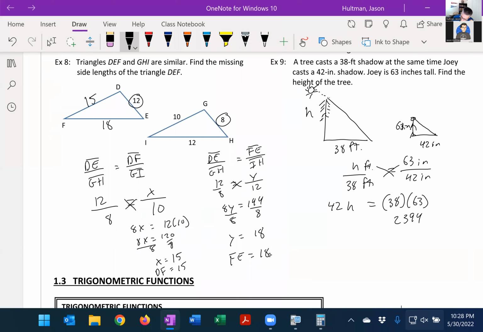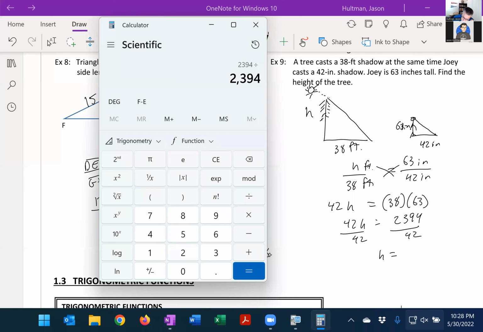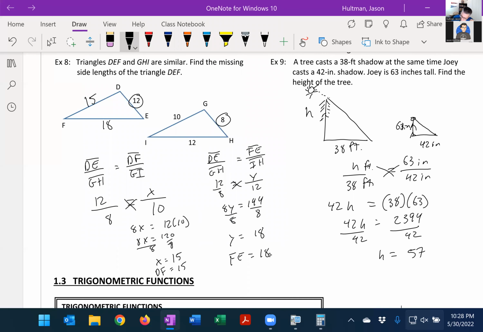So 2394 is 42H. Now divide by 42, and H is 57, and that's going to be feet, because the height was in feet. So the height of the tree was 57 feet.